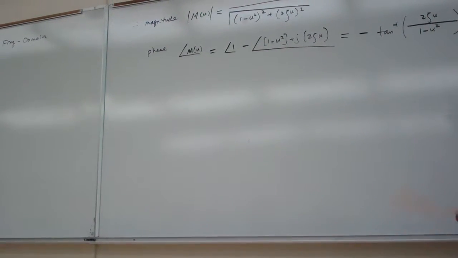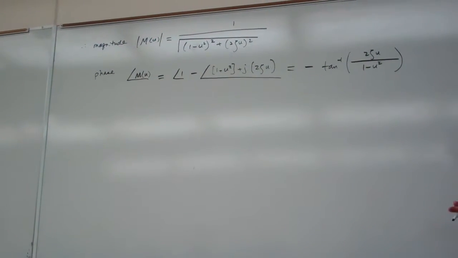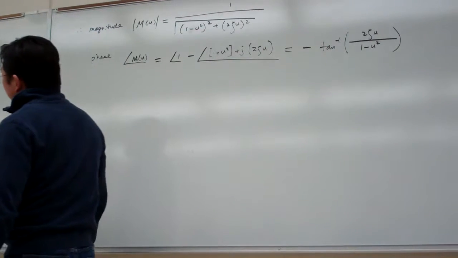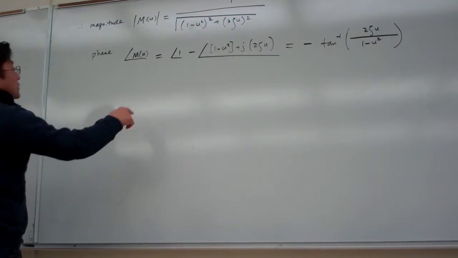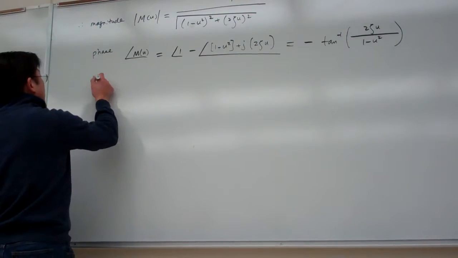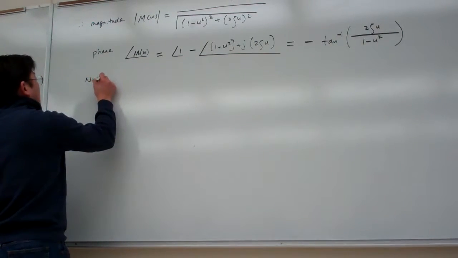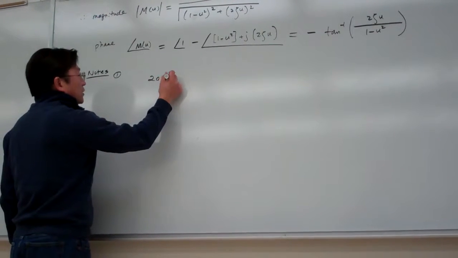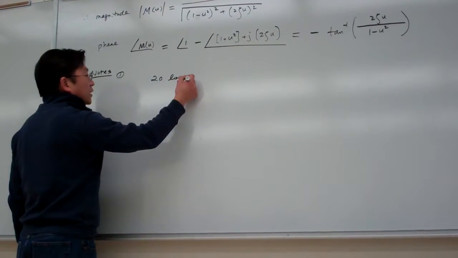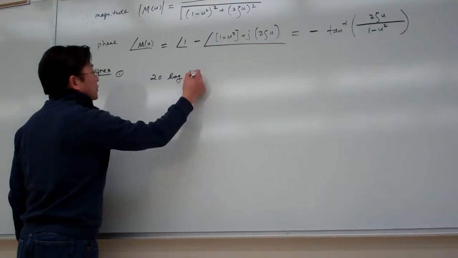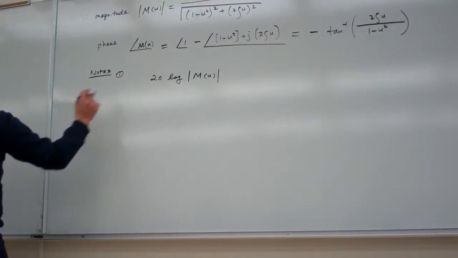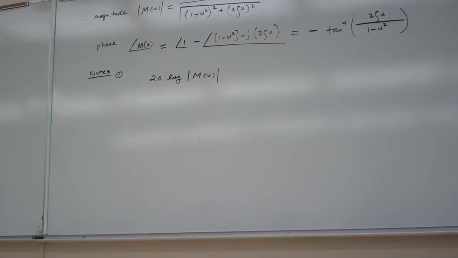Okay, with the two pieces of information ready, we can do a little bit of parametric study. If you take the transform into the decibel scale, then basically this magnitude will give you this curve.